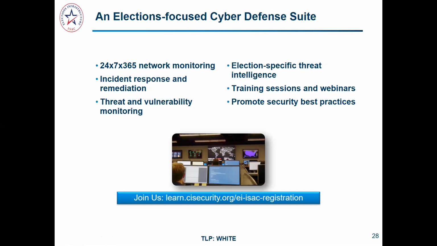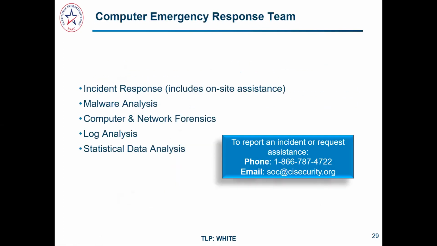We're also promoting a lot of security best practices. Our parent company, CIS, has had a great role in working with us, DHS, the elections community, the EAC and the vendors to develop the best ways to approach certain cybersecurity issues in the elections community. Now, I mentioned we have an incident response team. We call them the Computer Emergency Response Team, or CERT.